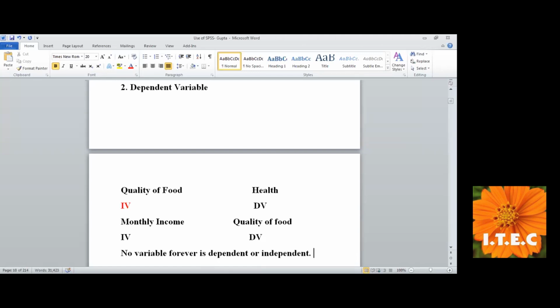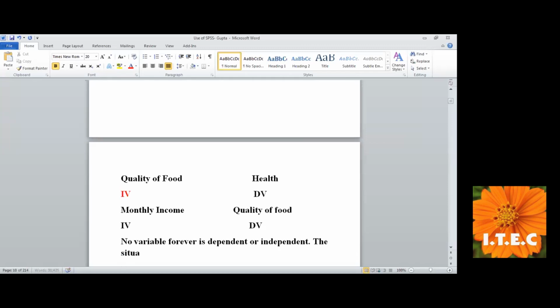So the situation decides the dependent and independent variable, which variable is dependent and which variable is independent. Now I'll give you one example.